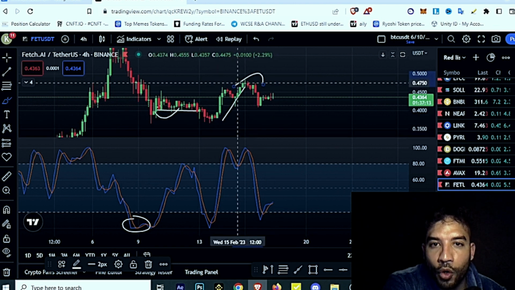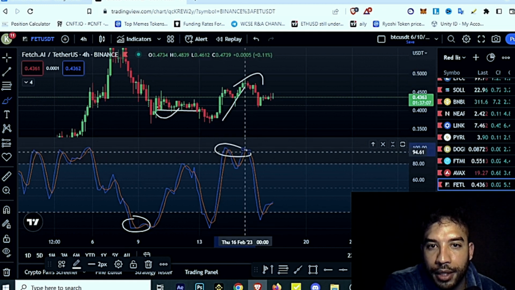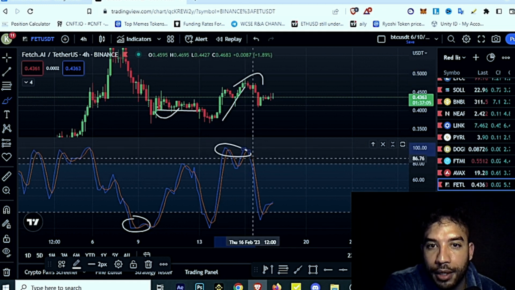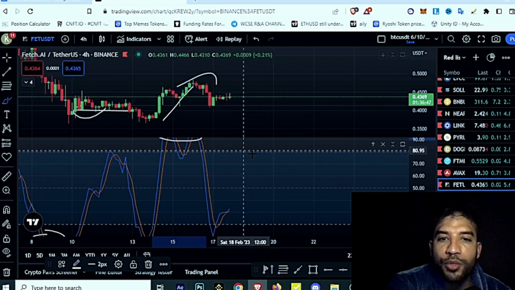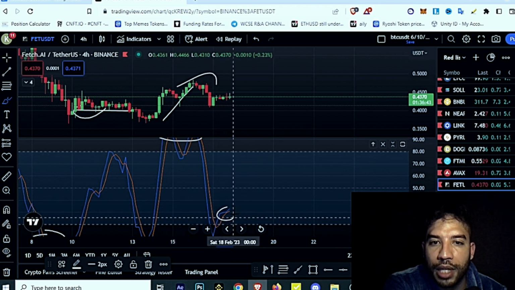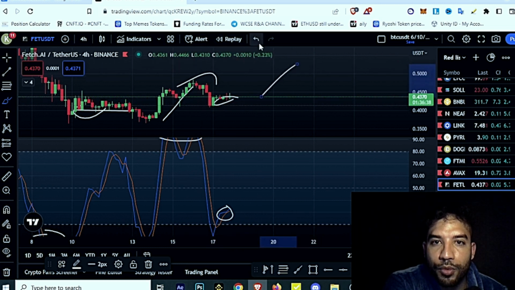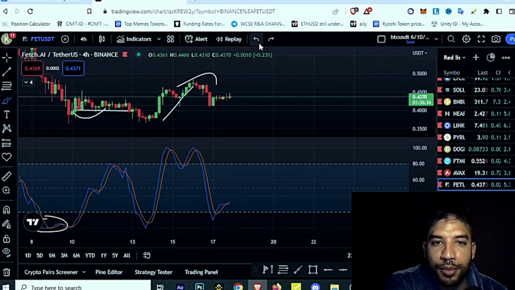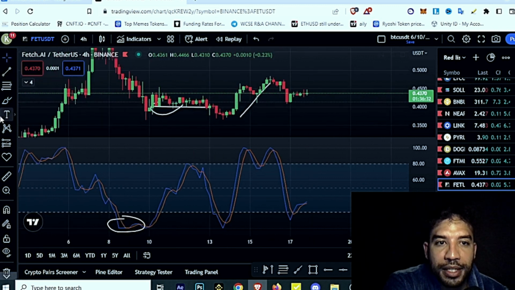If you're also wondering when it's the right time to sell, usually when the price comes to this upper band here, and then the blue line comes below the orange line, that's usually the time to sell. As we speak, we can see that we are having somewhat of a reversal again, and this could be another bottom before another move up. Now let's look for other examples of this strategy. The strategy basically works for all the coins that you can see here.